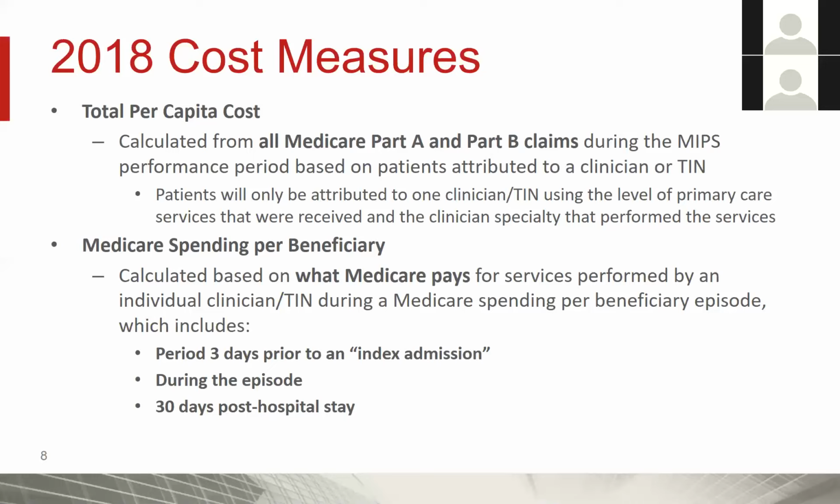A beneficiary episode will include a period of 3 days leading up to an index admission, which we'll talk about a little further. Cost is evaluated during that entire episode and will also include the period 30 days after a post-hospital stay. So after discharge, the 30-day period following discharge, all of those claims will be accounted for and evaluated as well and will count towards the episode.